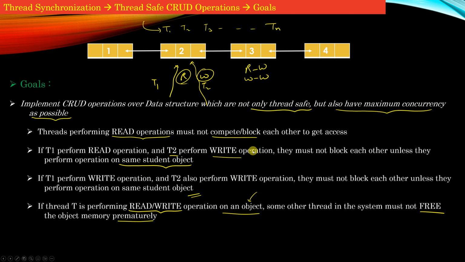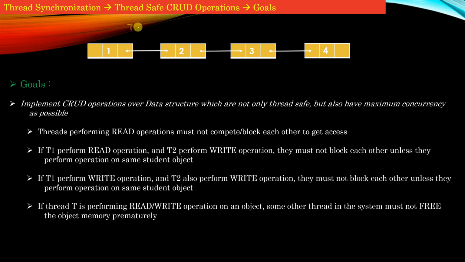So it simply means that if the thread T1 is performing either a read or write operation on the student whose roll number is 2, and any other thread in the system, let's say T2, deletes or frees the memory of the student whose roll number is 2, then the first thread T1 would end up performing a read or write operation on the student object which does not exist anymore, because some other thread in the system has freed that memory.